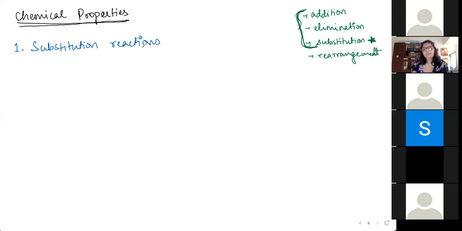Depending on what we are substituting with, or what route it is taking for substitution, you have different types or names of substitution reaction. For alkanes, this is the most famous reaction of theirs: halogenation.